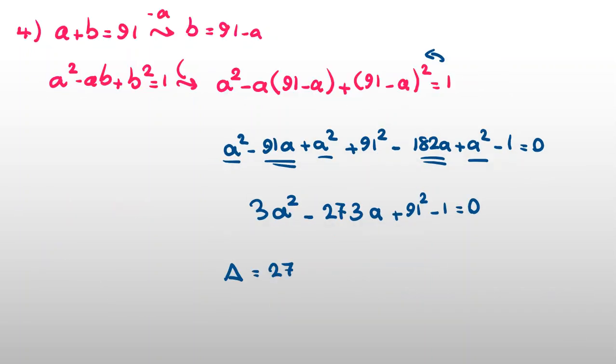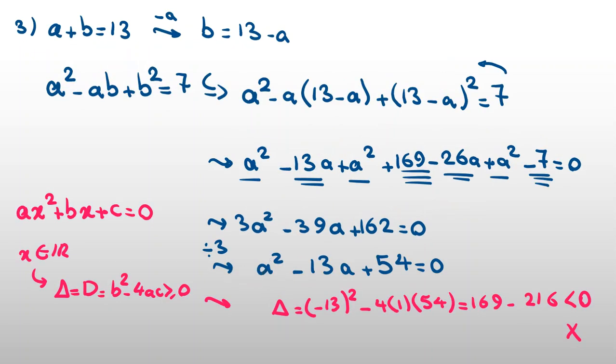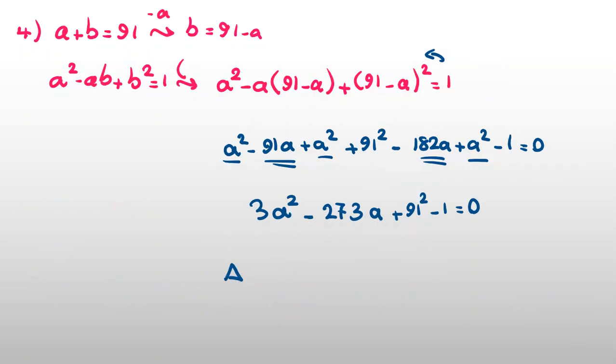Before that, let's divide by 3, so that the calculation will be better. If I divide by 3, it will be a squared minus 273 by 3, it will be 91a, plus 91 squared minus 1.